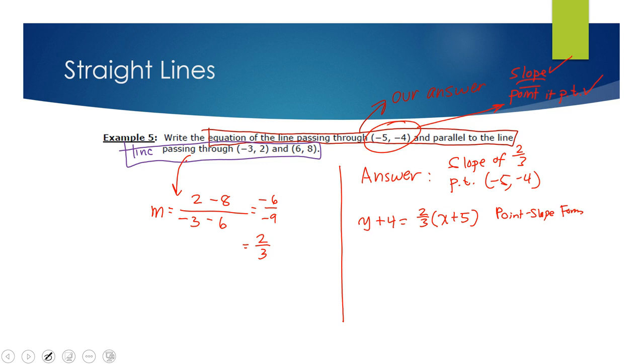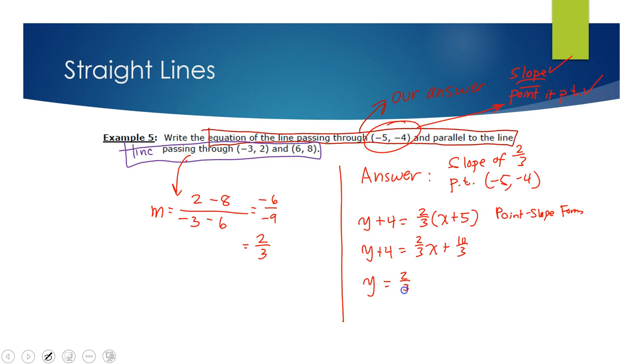If it said I had to put it in slope-intercept form, which sometimes you'll see problems that'll ask you to do that, then I have to go a step further. But I could actually give that as an answer and it'd be sufficient. But if I wanted to solve it for slope-intercept, I will distribute the 2/3. I'm going to subtract 4 from both sides.